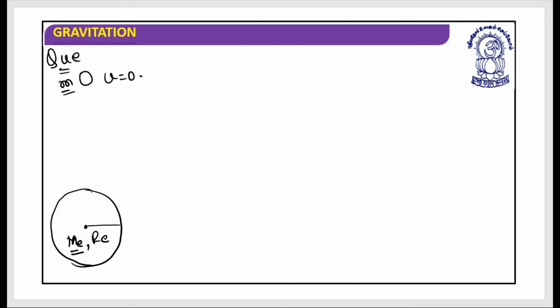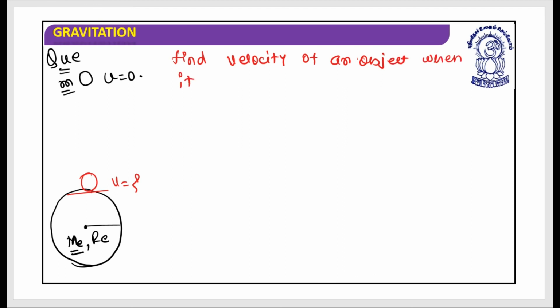Now when this object reaches the surface of the ground, you need to find the velocity. The question says: find the velocity of an object when it hits the surface of the Earth.